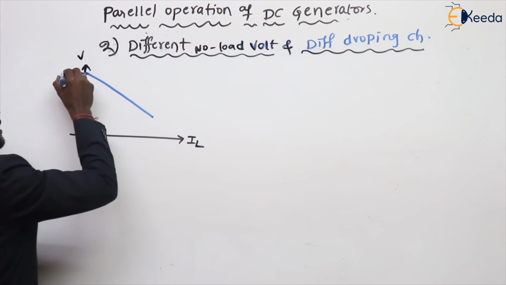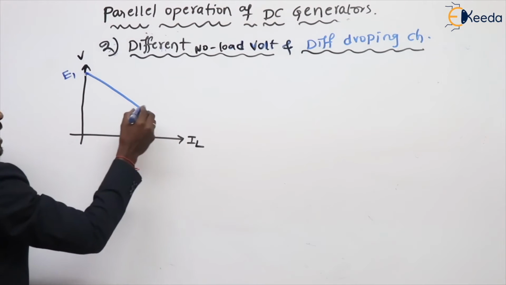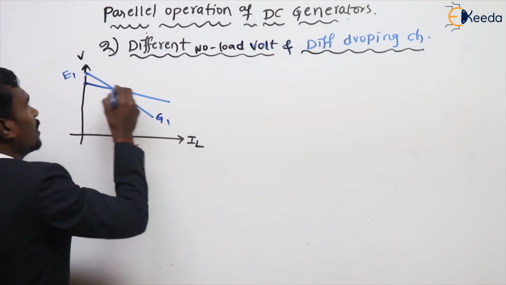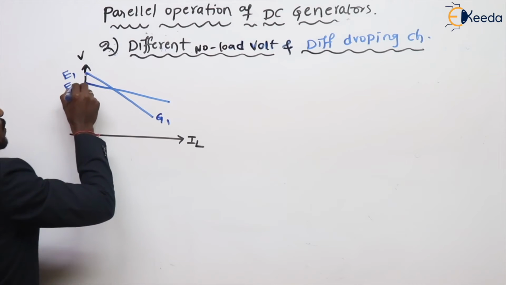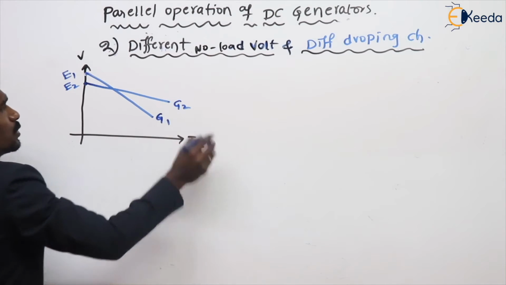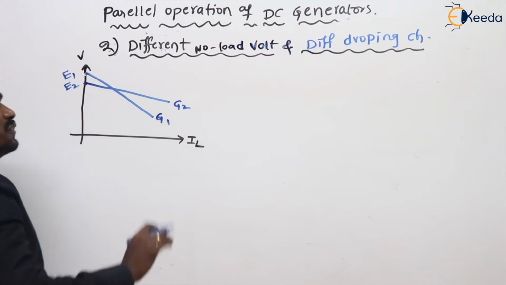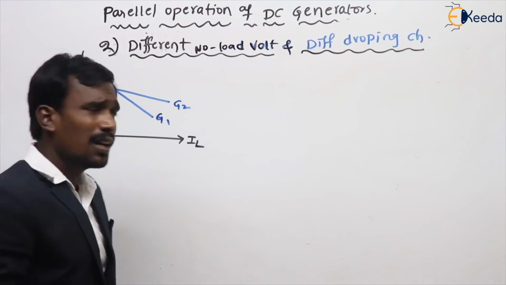This is E1 for generator 1, this is E2 for generator 2.